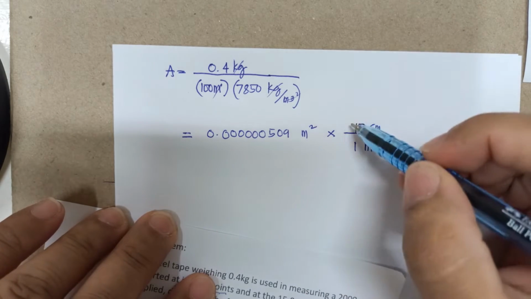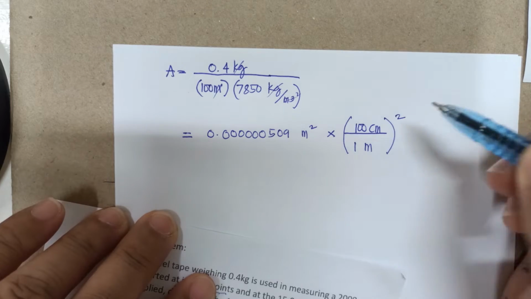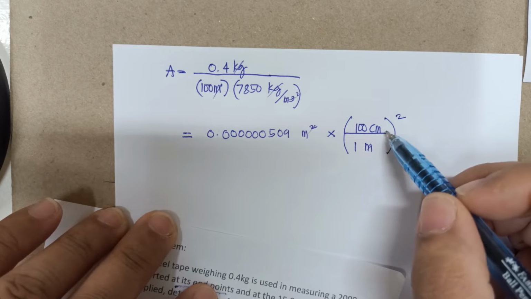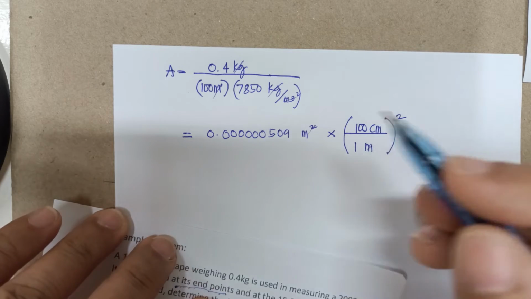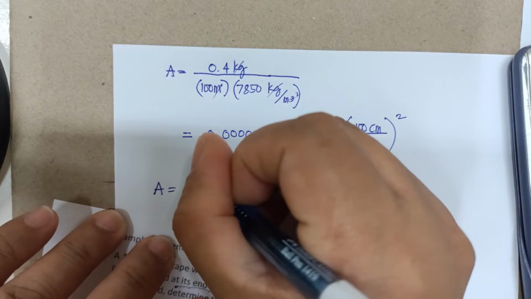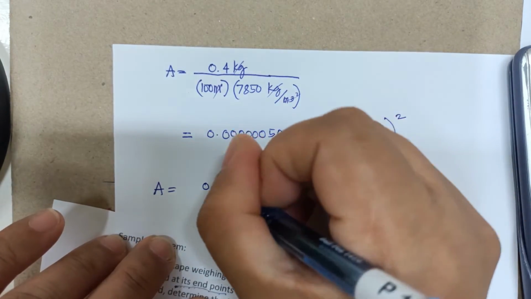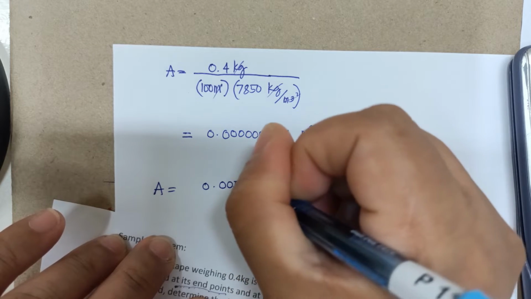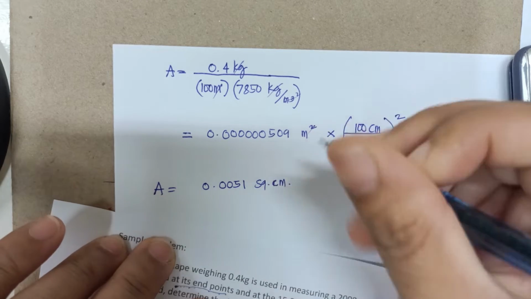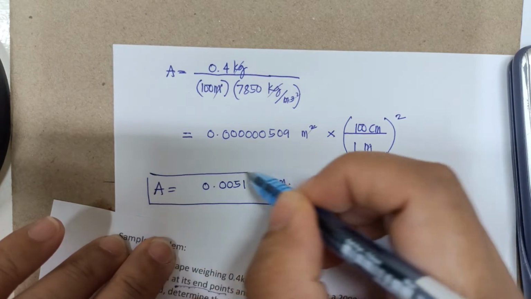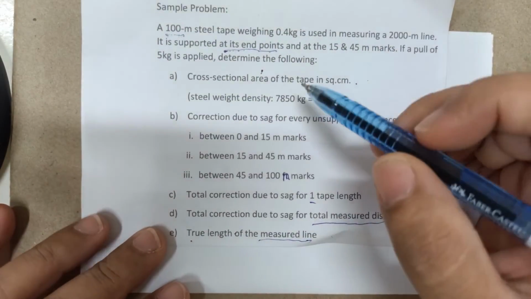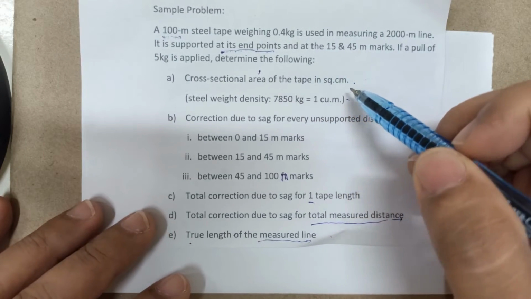This is squared, so we also have to square that one. The meters will be cancelled out, leaving the square centimeters. So the area is therefore equal to 0.0051 square centimeters. This is the cross-sectional area of the tape. So we already solved the cross-sectional area of the tape in square centimeters.